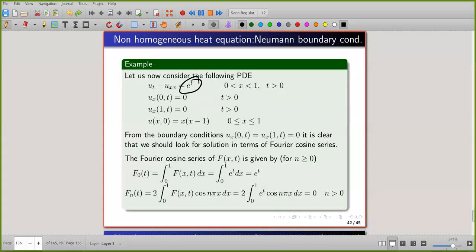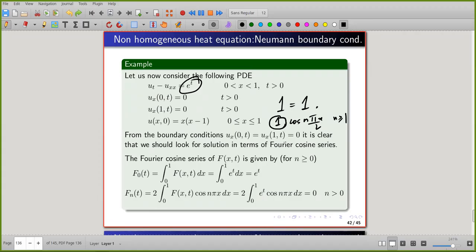The Fourier cosine series for 1 is just 1, right? Because we know that the eigenfunctions are 1 and cos n pi x by L for n greater than or equal to 1.